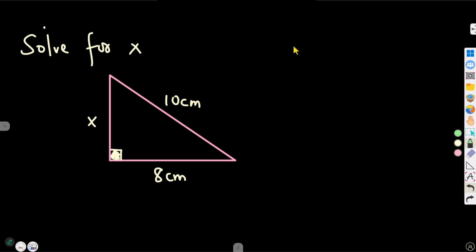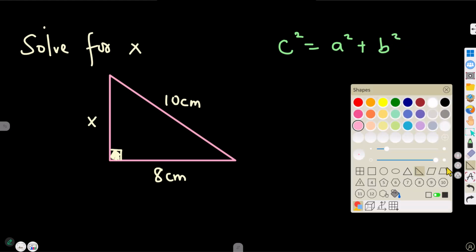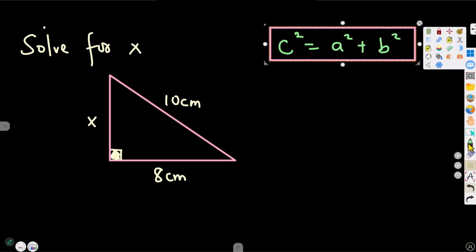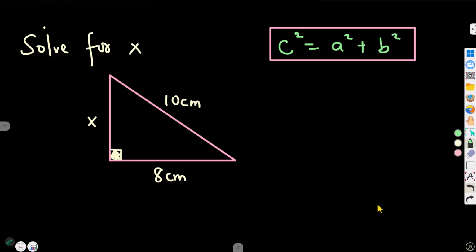And this is the theorem to help us: C squared is equal to A squared plus B squared. So 10 squared is equal to A squared, and for A, here is now x, plus B squared, and B is 8.